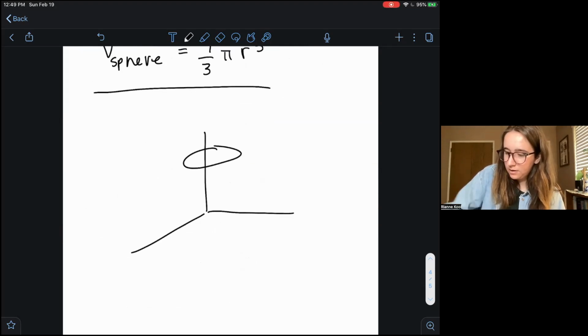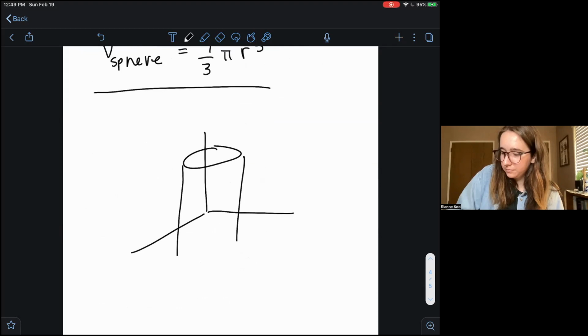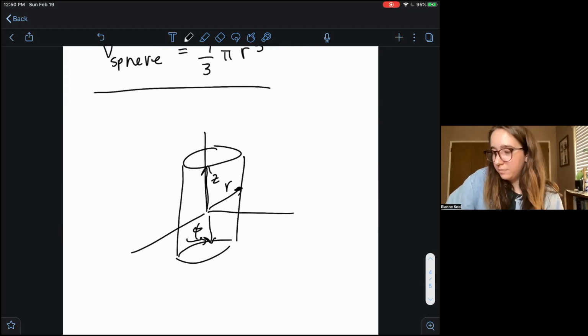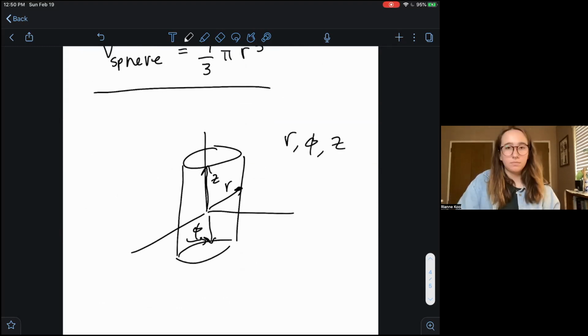So we have our cylinder here. We still have our radius term and our phi term, which goes like that. But now instead we have this distance z. So that is our new terms.